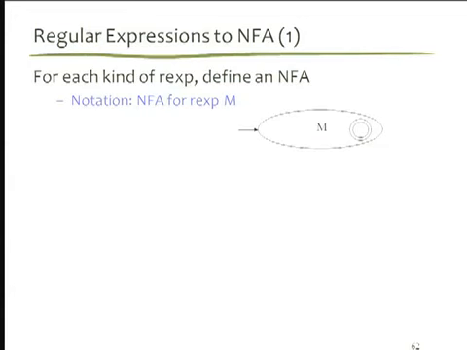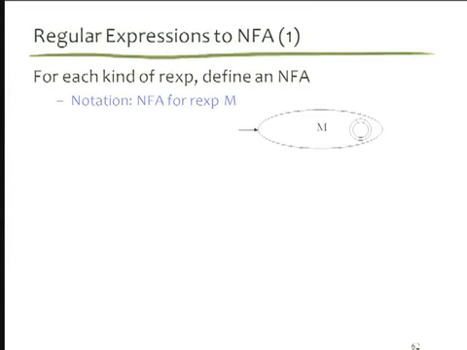Well, is that enough? Or could we now potentially accept strings that we do not want to accept? So I'll leave this for you to think about at home. Yes? Oh, this is epsilon, right?